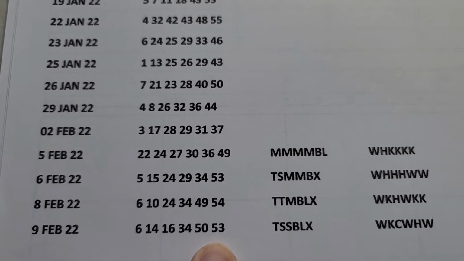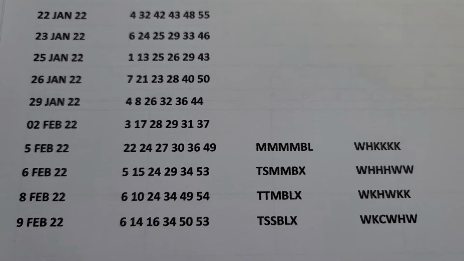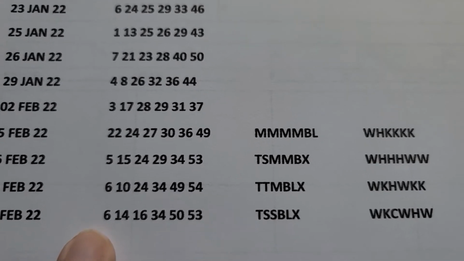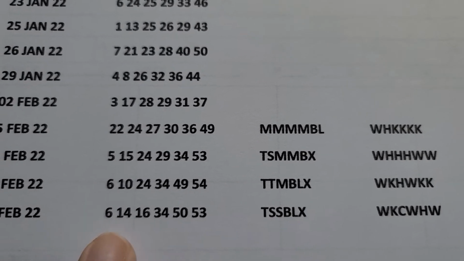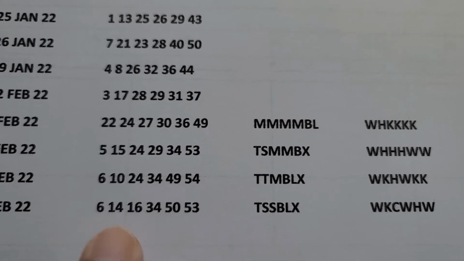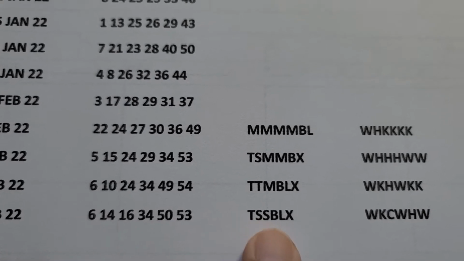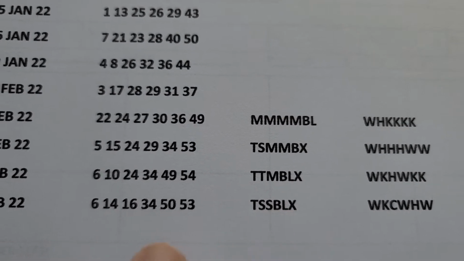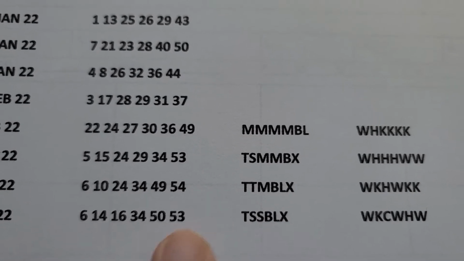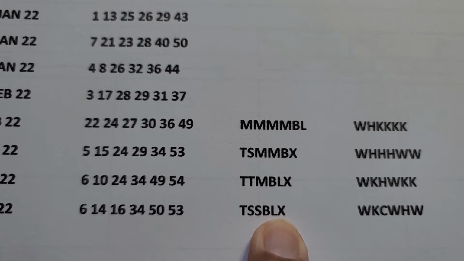Okay, now just looking at the size of the numbers, 6 was a tiny number. 14 was a small number. 16 was a small number. 34 was a big number. 50 was a large number. And 53 was an extra large number. So that's the size of the numbers.